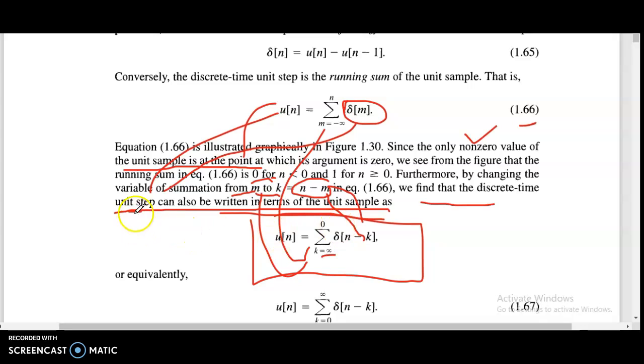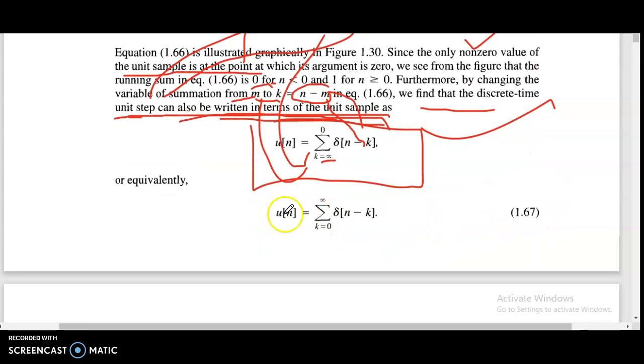So the discrete unit step can also be written in terms of the unit sample equivalently. Here only the limits change: k from infinity to 0 is reversed, so the correct range is 0 to infinity.